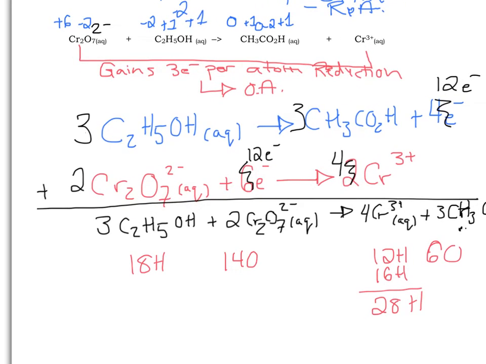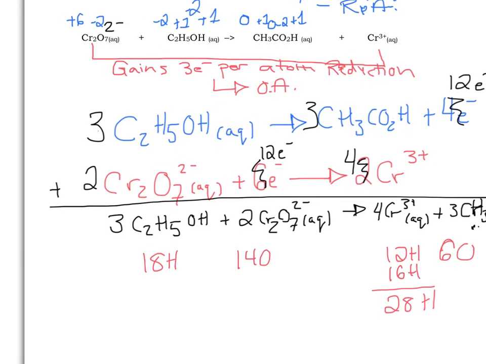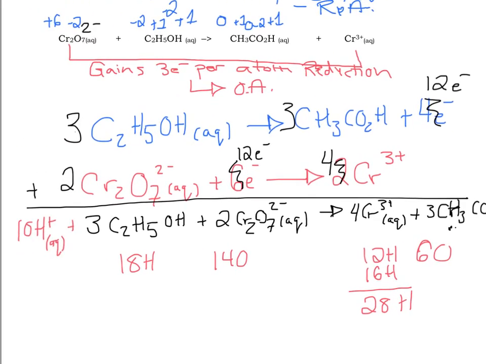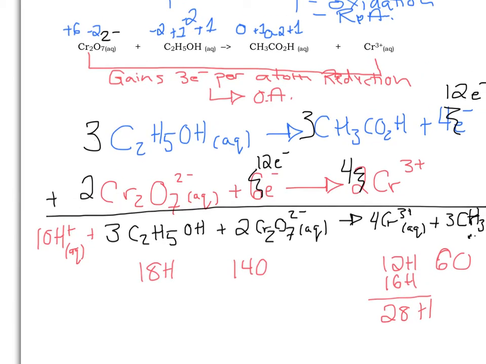So we're going to need to add 10 hydrogen atoms, or ions, excuse me, to the reactant side. Now, often what comes up is, where did these waters and hydrogen ions come from?